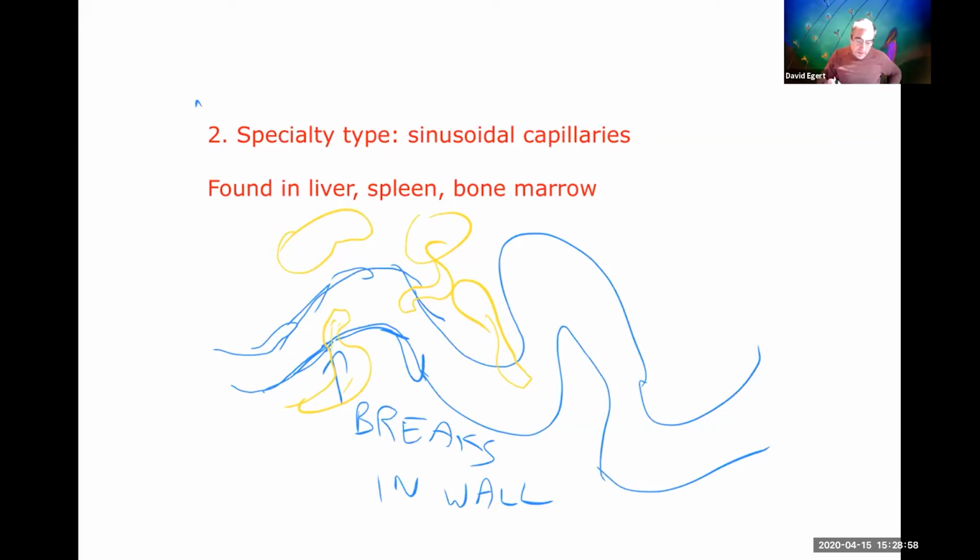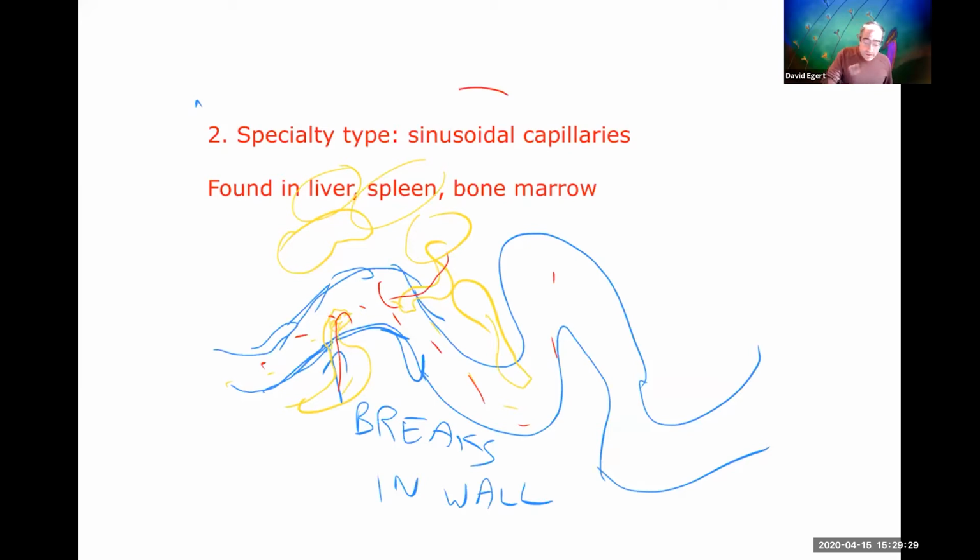So this is where the blood is getting filtered and cleaned. Like in your liver and your spleen, you actually have white blood cells reaching in and recycling worn out red blood cells and things like that. So the blood is percolating through slowly, and the surrounding cells have easy access to the blood to help process and clean it.